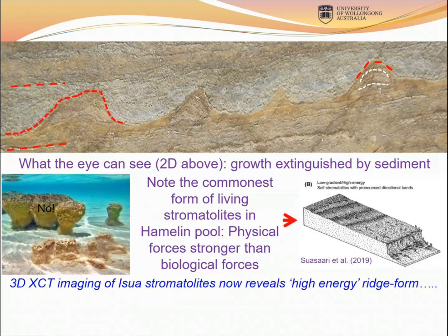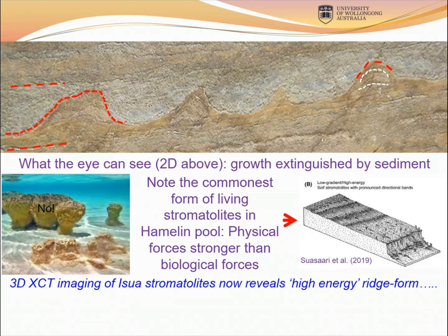Where you get lump-like stromatolites, biological forces are not being moderated much by high-energy water movements, whereas the ridge-like forms are being formed where you've got higher energy water environments.